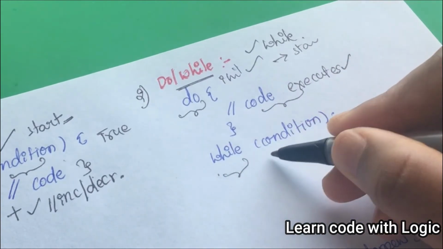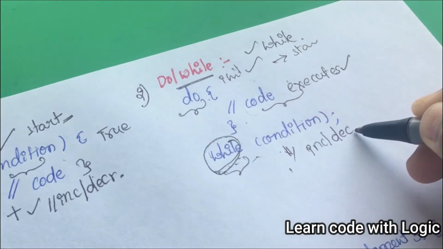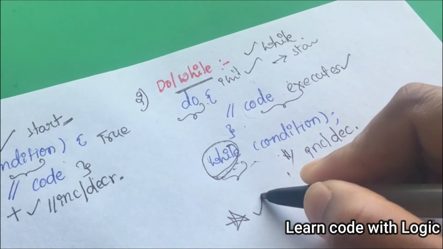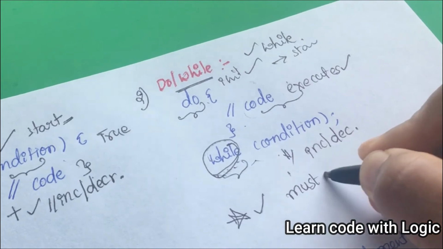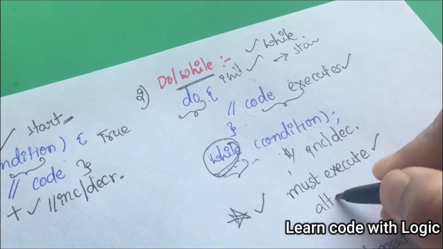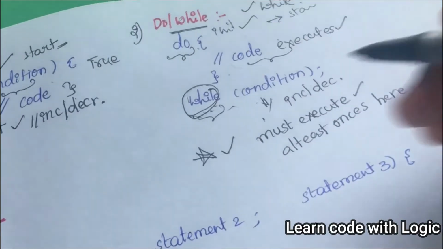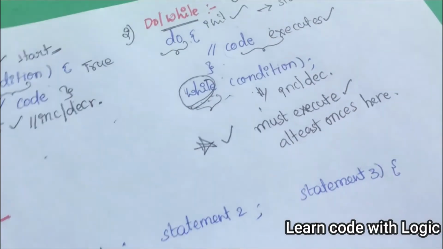After that we give the condition here, and after that the increment or decrement. We need to remember one thing here: the code must be executed at least once. That is the main difference between the while and do while loop.